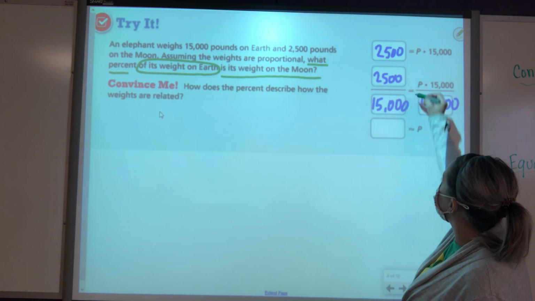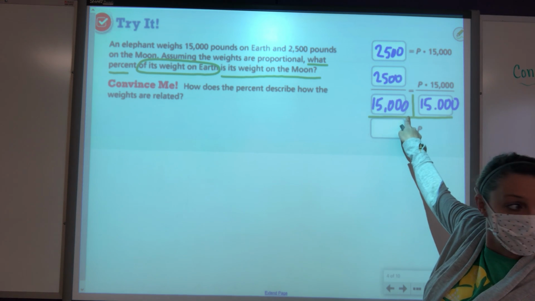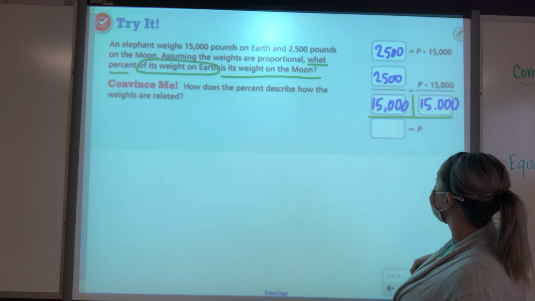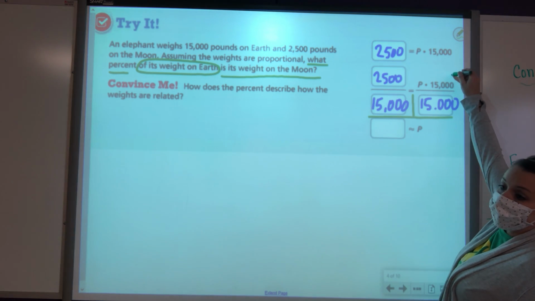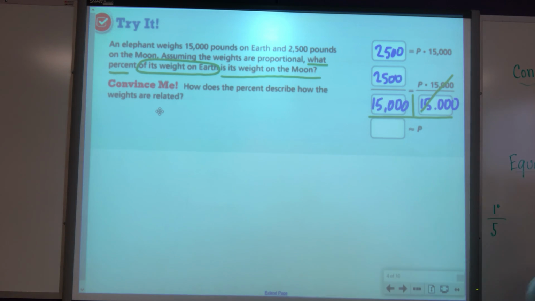So again, don't forget, whatever you gotta do, make your upside down T if you have to show dividing on the left and dividing on the right. 15 and 15 cancel each other out. So then we have to do 2,500 divided by 15,000.